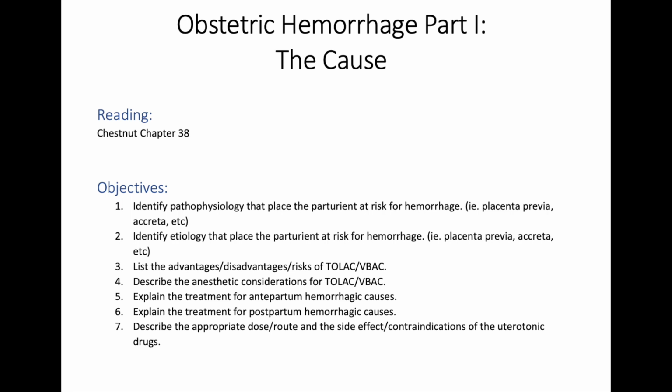Obstetric hemorrhage is the most common cause of maternal mortality worldwide, and accounts for about 25% of maternal deaths worldwide. In the United States, hemorrhage accounts for about 12.5% of pregnancy-related deaths.